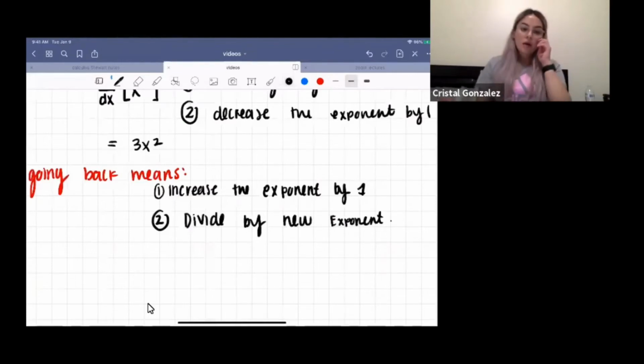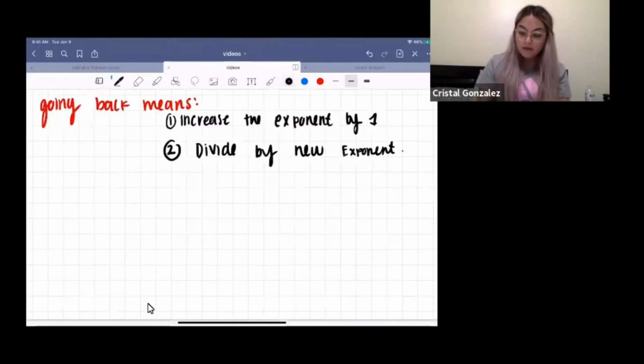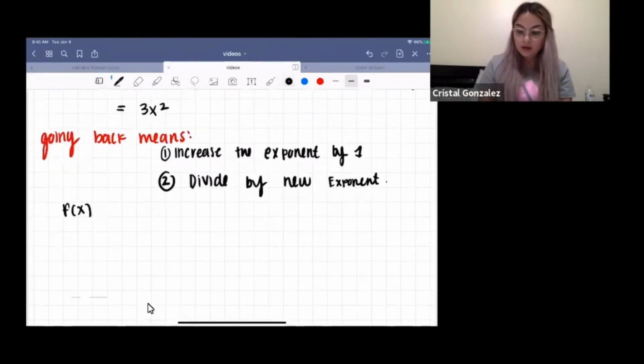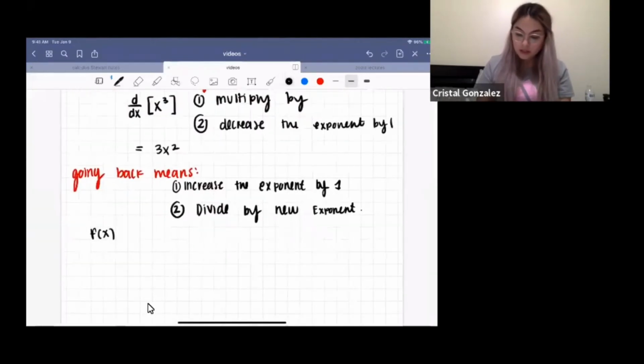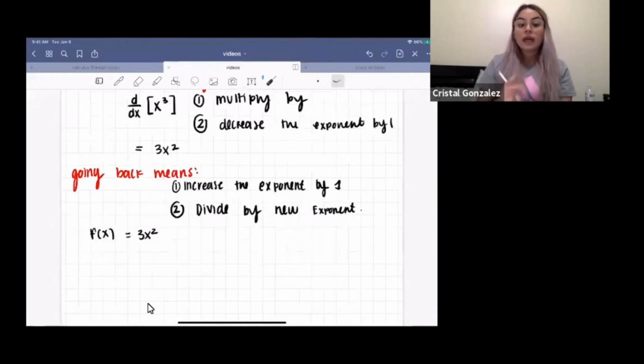Perfect. Okay, so the derivative that we got is 3x squared. Now I want to apply what we stated here to get the antiderivative.